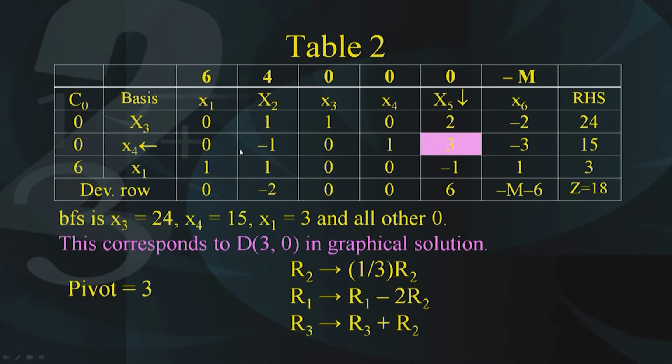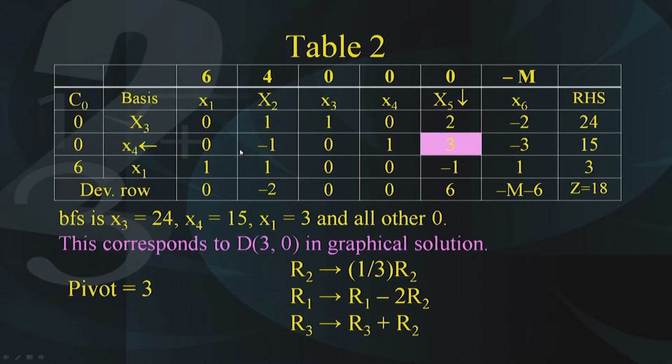We also need to see which variable should leave the basis, and in order to see that we need to calculate the minimum ratio test. And what is the minimum ratio test? It is nothing but the ratios of the right hand side with the pivot column. And what are the ratios? You find that 24 upon 2 and 15 upon 3.